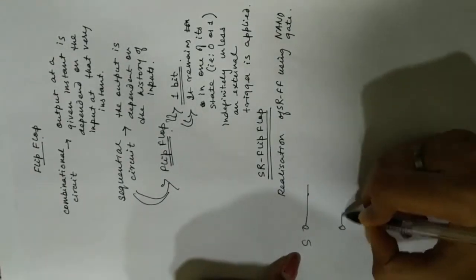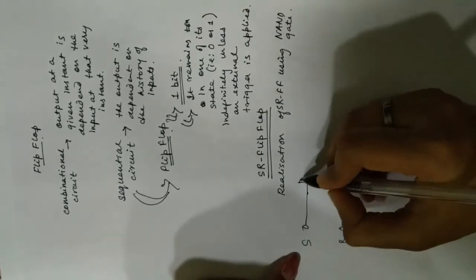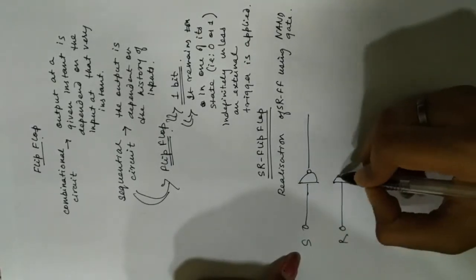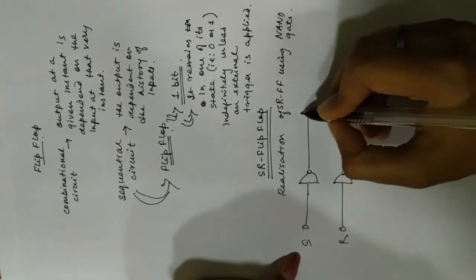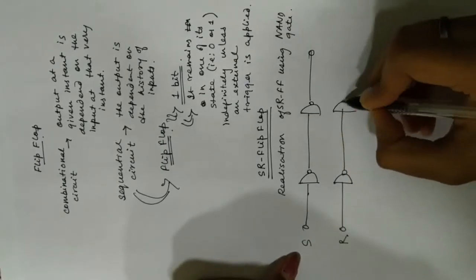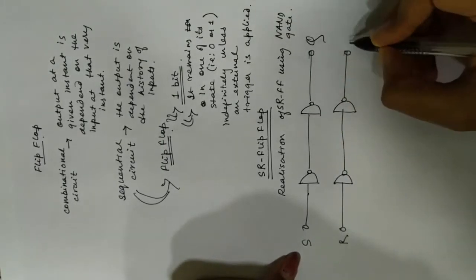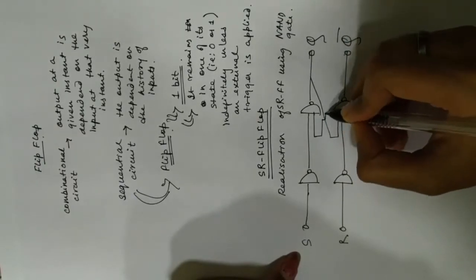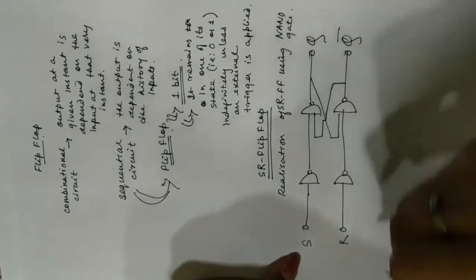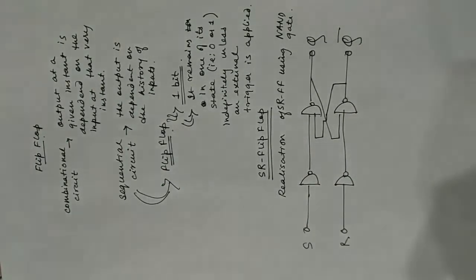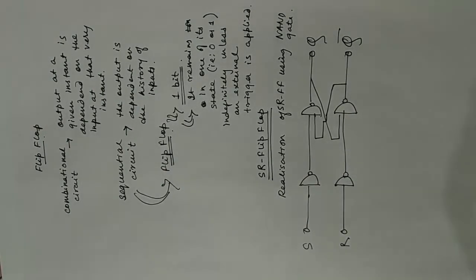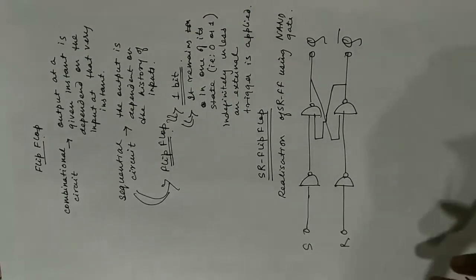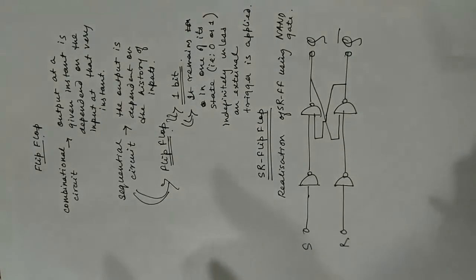You have the inputs S and R, you have a NAND gate, you have another NAND gate over here. So this is how an SR flip-flop looks when you make it using various NAND gates, right?